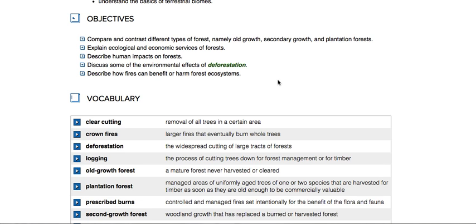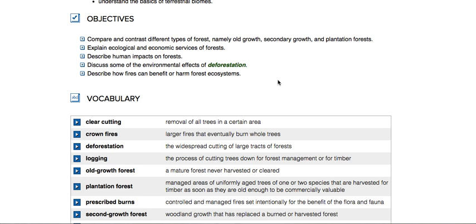Okay, so it's a major concern because we need to protect forests. And we need to understand the environmental effects that reducing our forests have on us as a whole.